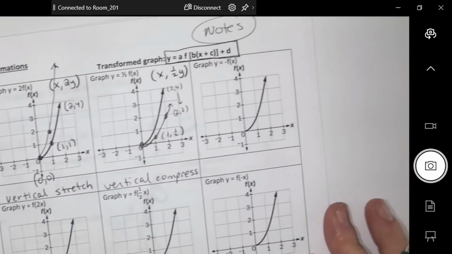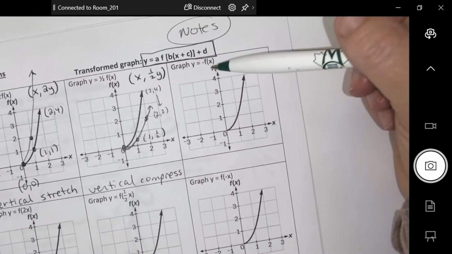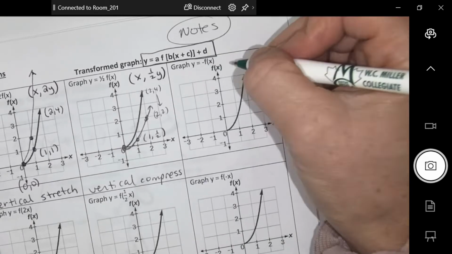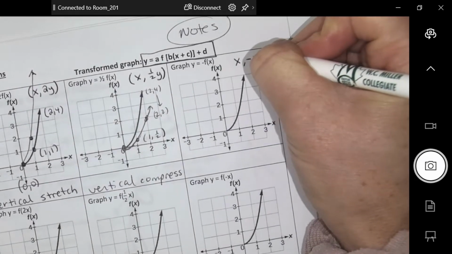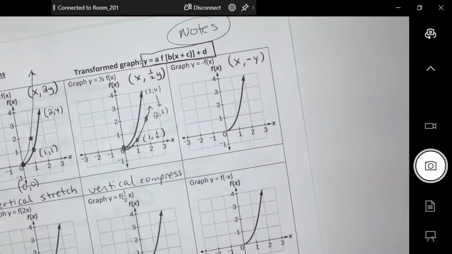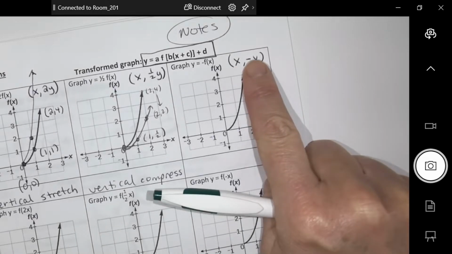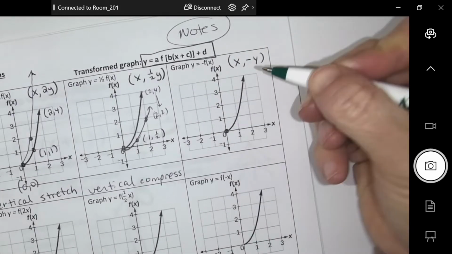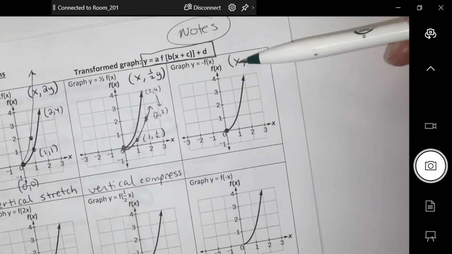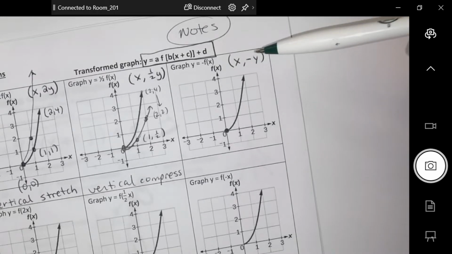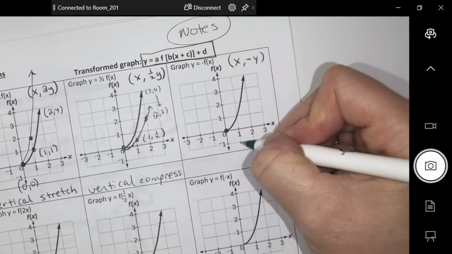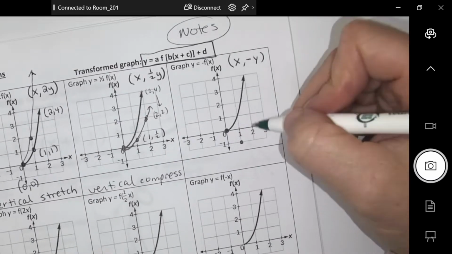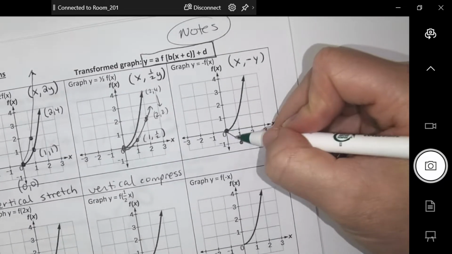Okay, next. This time our a is -1. So x comma -y. So 0, 0 would become 0, comma, well, -0, that's not really a thing. So 0, 0. 1, comma 1 would become 1, comma -1. Do you see what's happening?